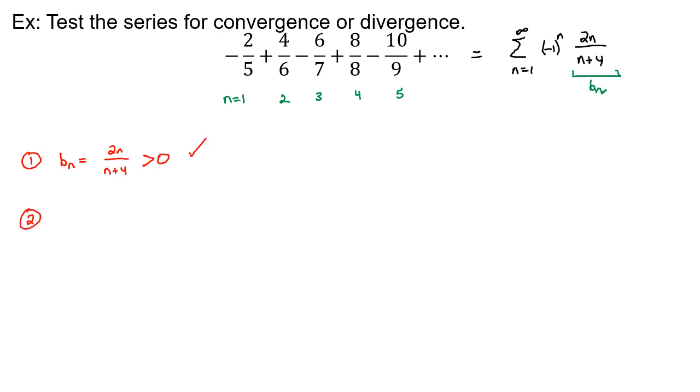Secondly, the second stipulation was that you have to be decreasing. b sub n plus 1 has got to be less than or equal to b sub n. This one is not going to hold very well, because as you're going down the line, 2/5 is 0.4. 4/6 is 2/3, which is 0.67.